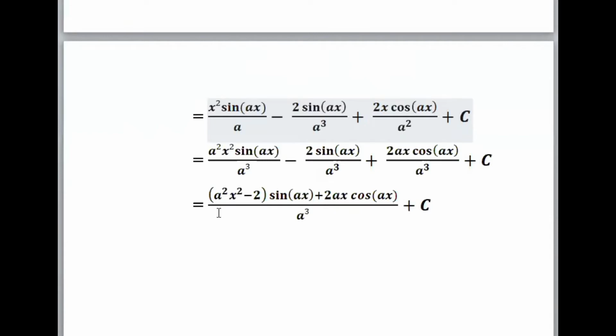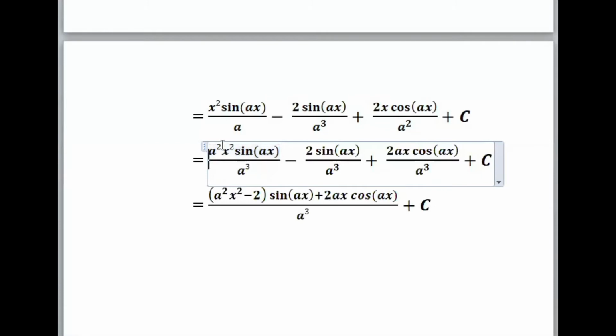After that, for this one, we need to get a same denominator, which is we need to multiply this one with a power of 2, and this one we need to multiply by a.